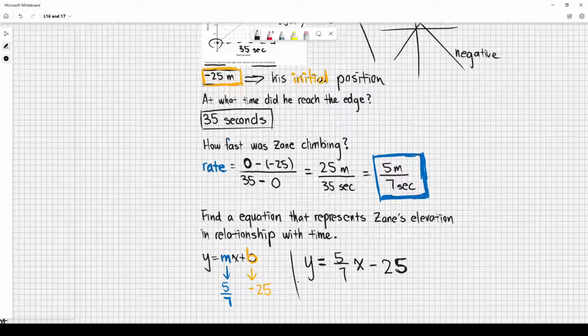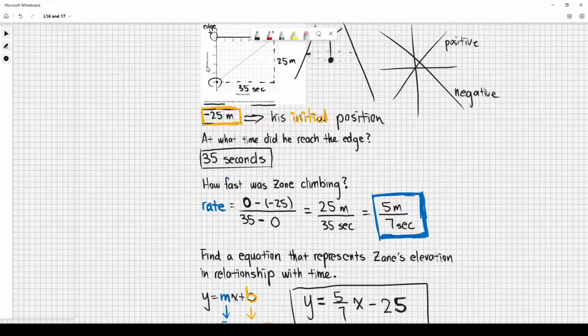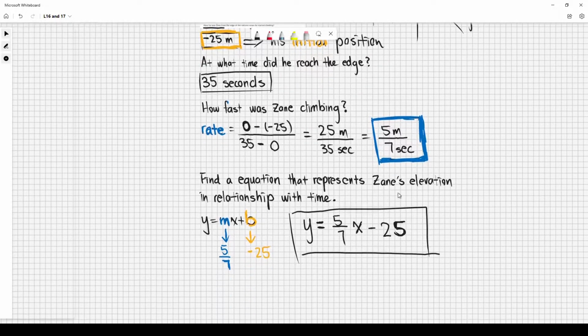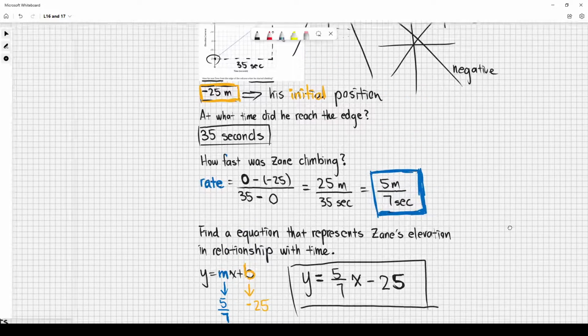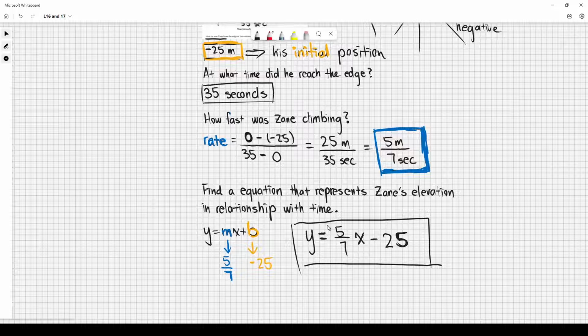So this is the equation. And y is elevation, the distance, elevation in meters. And x is time, in seconds. This is the equation that represents his elevation in relationship with time. Does that make sense? Yeah, so you got it.